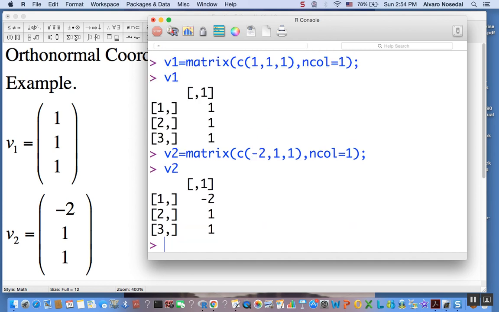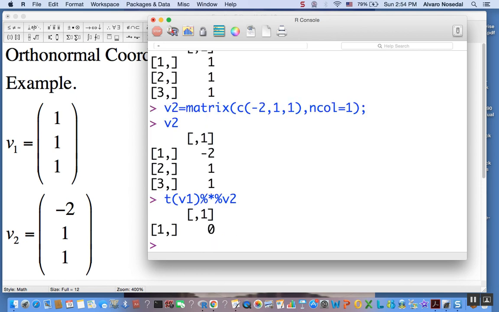What we wanted to show is that the Euclidean inner product between v1 and v2 is 0. So what we want is the transpose of v1 and then matrix multiplication with v2.